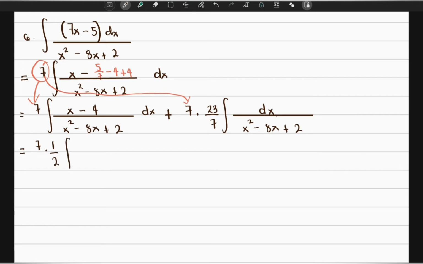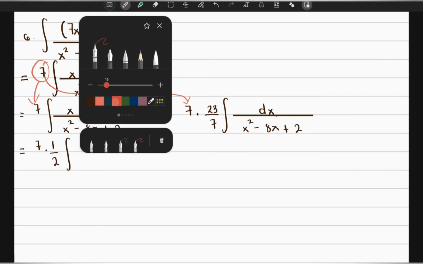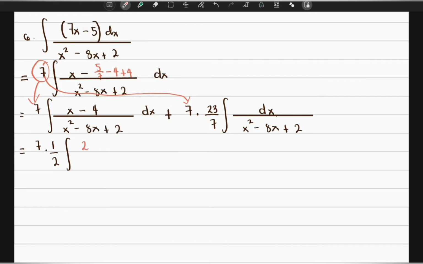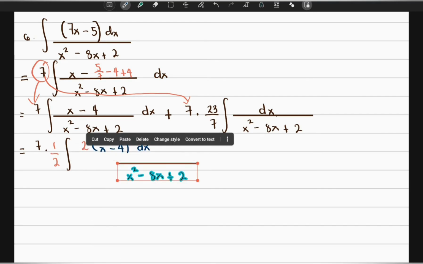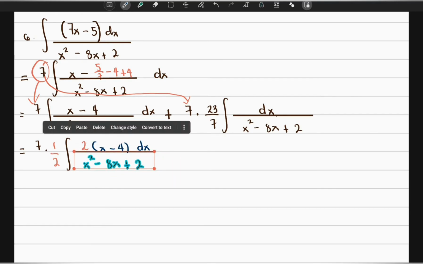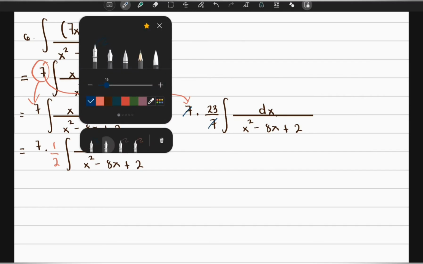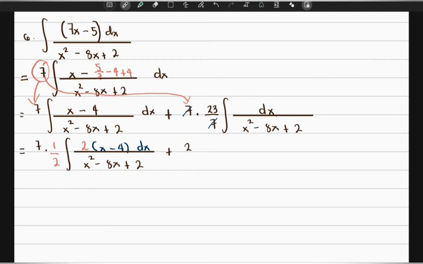So, 1/2 times the integral of 2 times the quantity x minus 4 dx. Tapos, sa ilalim, ito pa rin. Tapos, dito, mag-cancel ito. So, yung matitira na lang ay plus 23.